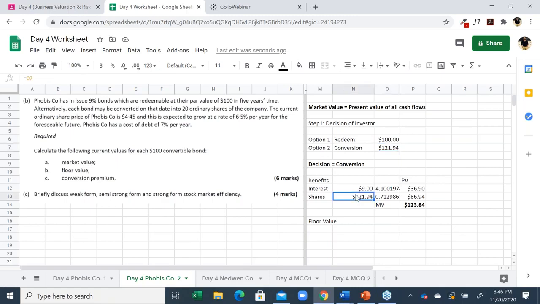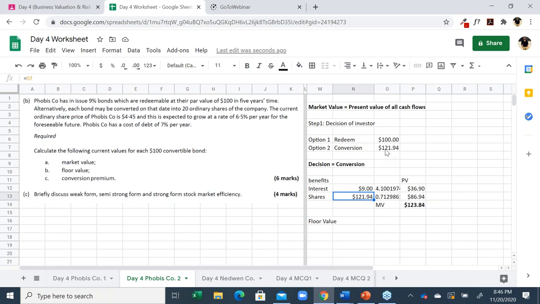On the basis of this assumption, we have calculated this market value. But my question to all of you is, what will be the worst situation after 5 years? That's the best situation, right? That the share price will be growing and the investor will be getting $121.94.